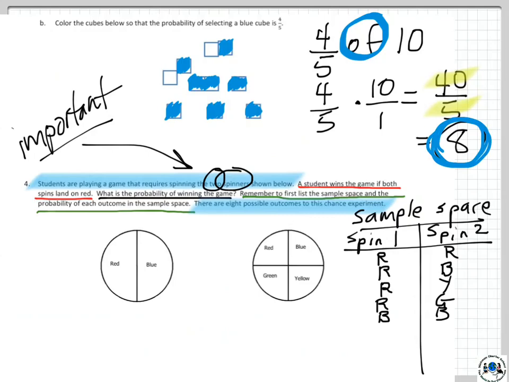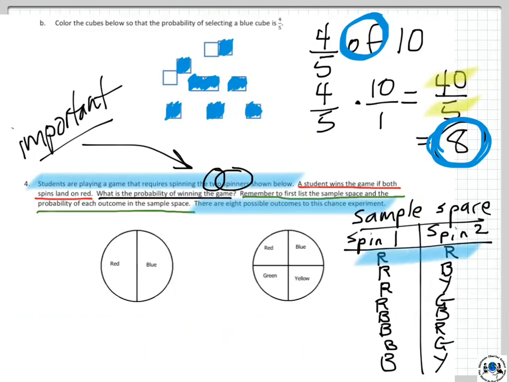Now I'm going to go with blue. Do everything with blue: blue then blue, blue then red, blue then green, and then blue then yellow. And as you can see, we have 8 different possibilities, like we were already told. 1, 2, 3, 4, 5, 6, 7, 8. 8 different outcomes in this sample space.